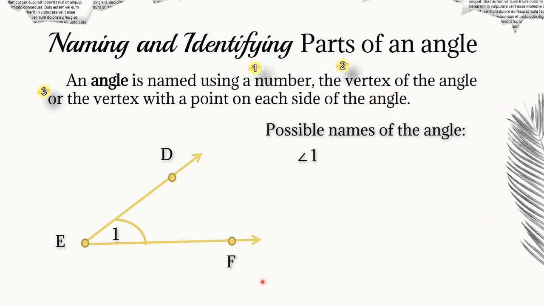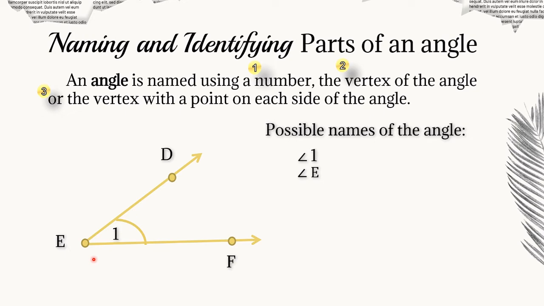Yung vertex, makikita siya sa intersection ng endpoint ng dalawang ray. That will be si E. Si angle E. You can also name an angle by the vertex with a point on each side of the angle. Ibig sabihin, si vertex ay nasa middle nung dalawang points nung sides.